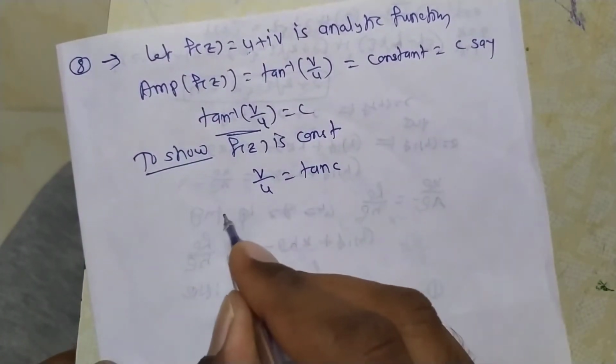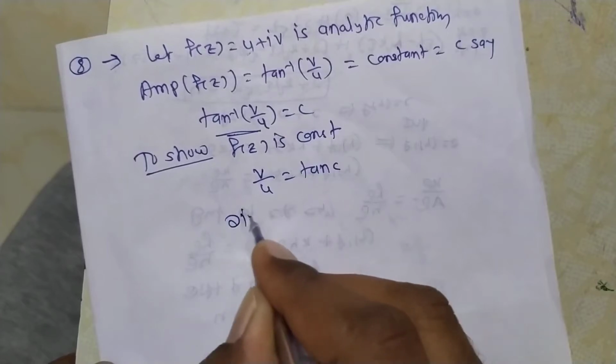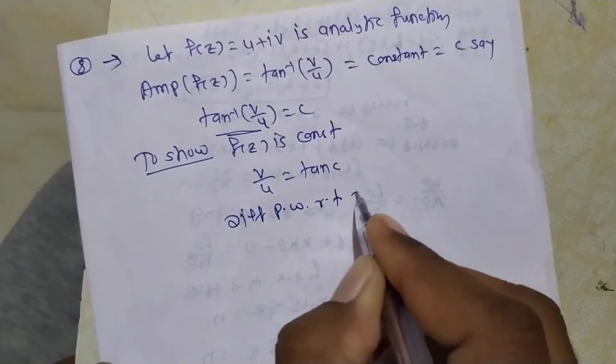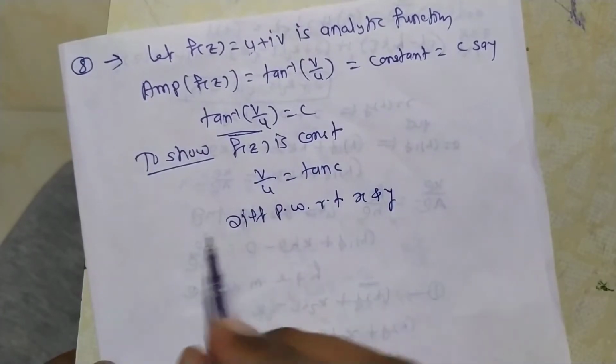If you take the derivative of this with respect to x, so differentiate partially with respect to x and y both. How do we find the derivative of v by u?